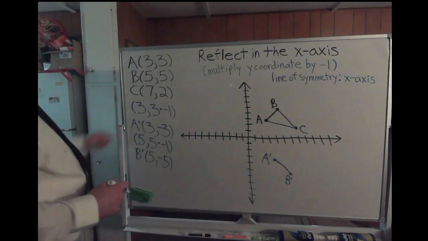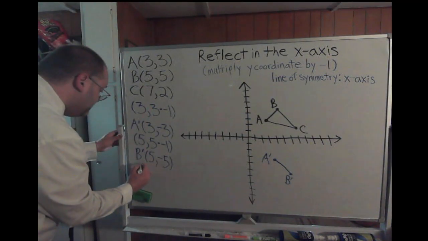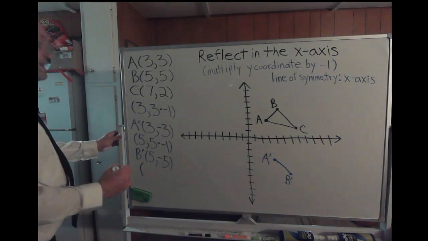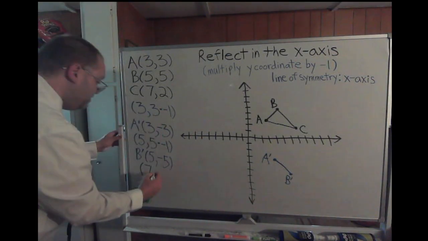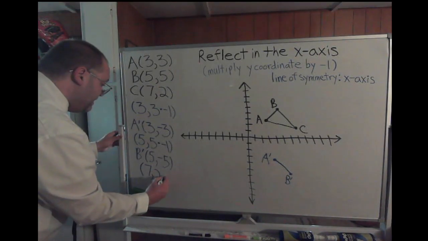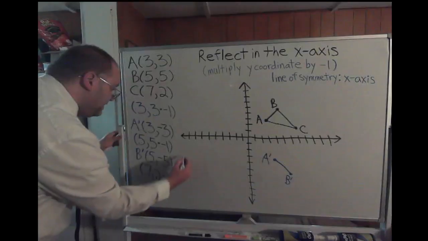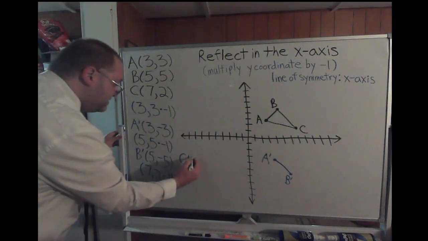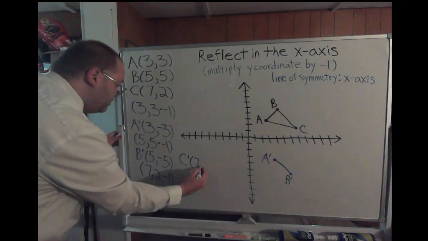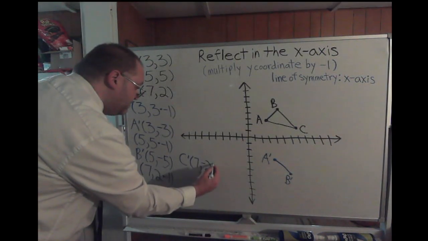Last but not least, we need to figure out C prime. So we take that coordinate of 7, 2. The x-coordinate 7, we leave alone. But you take your y-coordinate of 2 and multiply it by -1. Which means C prime has the x-coordinate of 7, left alone, but your y-coordinate is 2 times -1, that'd be -2.